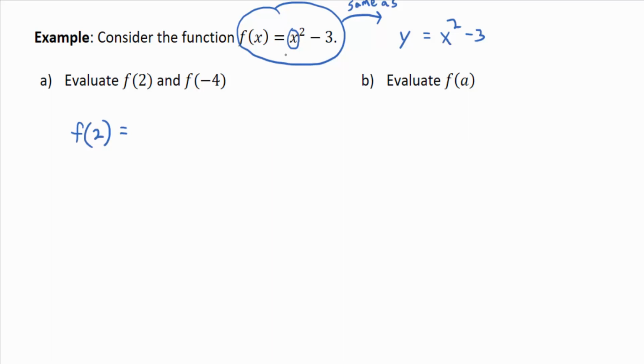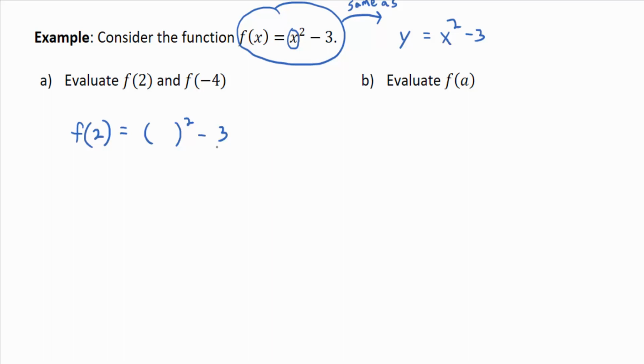Okay, so what I like to do, it's a good habit to get into, is the letter, if it's x, the independent variable, the letter that you're replacing with a number, put a set of parentheses where it used to be. So instead of x squared minus 3, parentheses squared minus 3. And in that set of parentheses, your new input is 2.